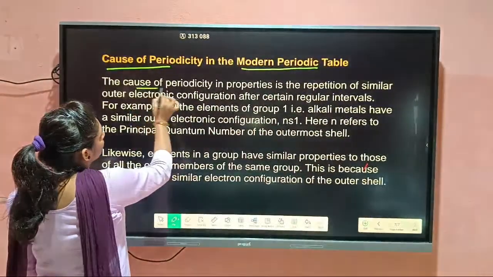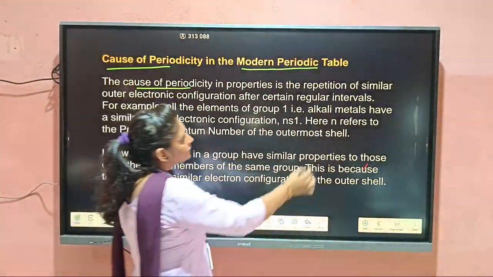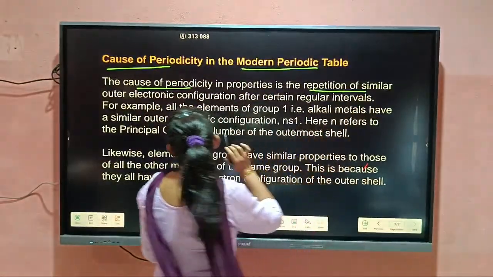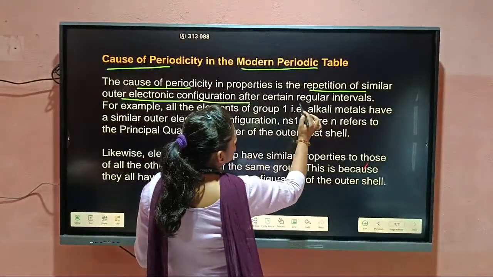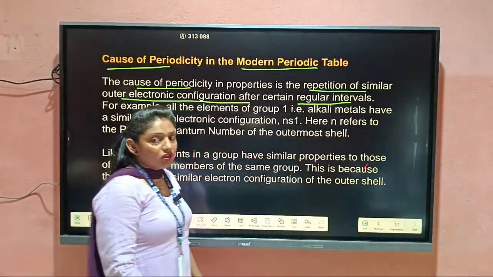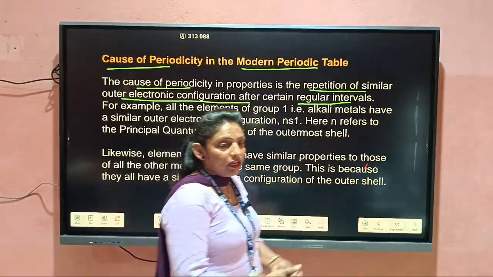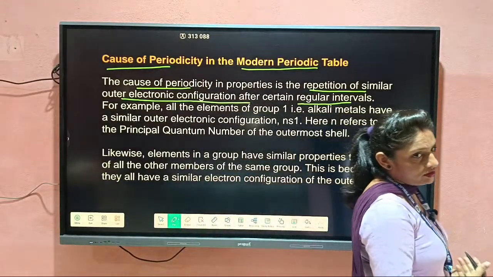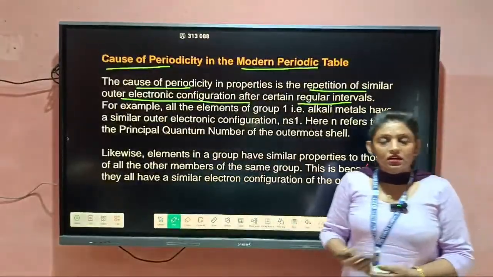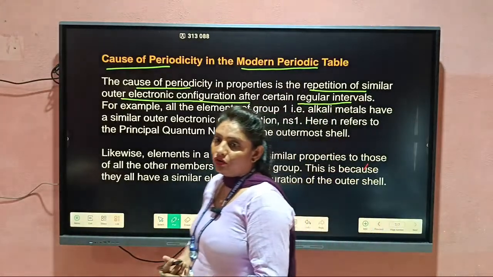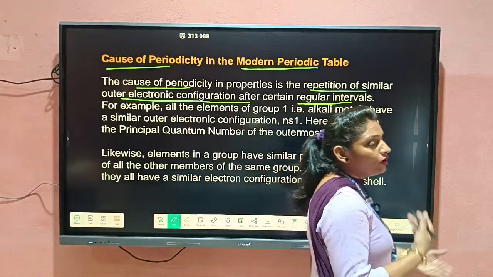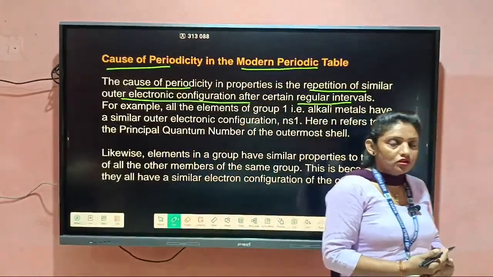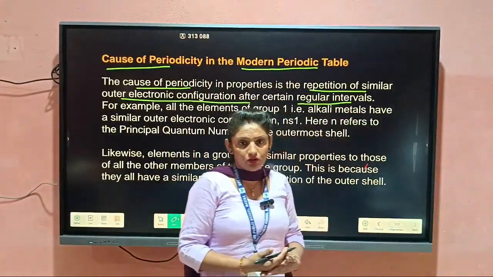The cause of periodicity in properties is the repetition of similar outer electronic configuration after a certain interval. Because after an interval, their electronic configuration is repeated, meaning the number of valence electrons present in the elements is going to repeat. So their properties are also going to repeat.